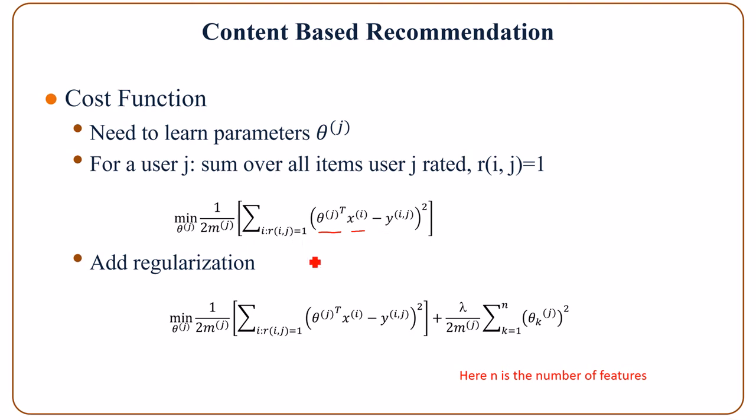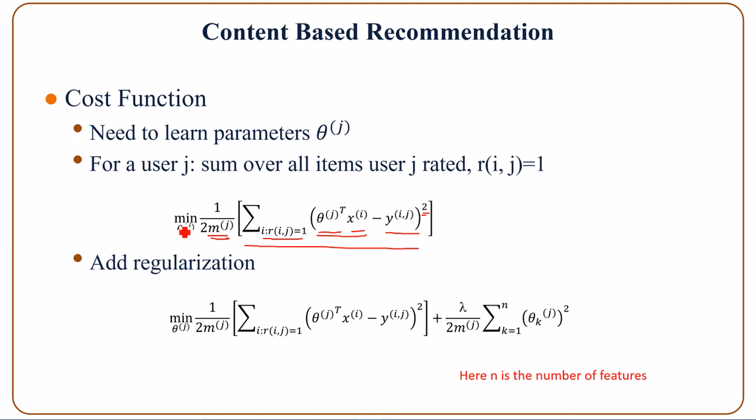We take the difference between the predicted rating and the true rating, and then square it, and then take a sum over all the items that user j has rated, meaning r(i,j) equal to 1, and average by the number of items rated by user j.